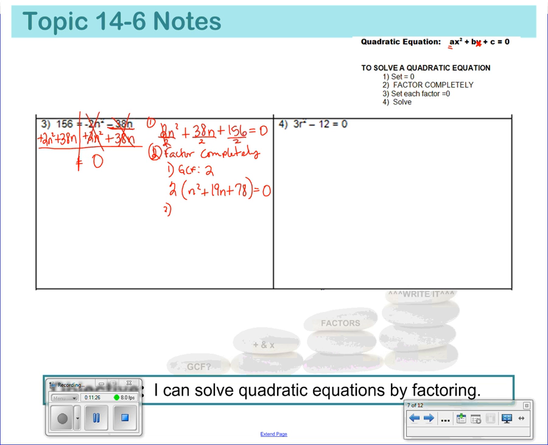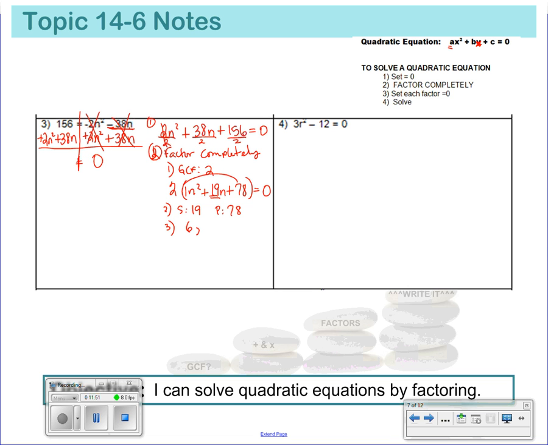The second thing we need to do is find our sum and our product. Our sum is what's in front of the n, the 19, the middle number. The product is the 1 in front of the n squared times our last number, 78, and we get 78. Our third thing is we need our factors. I need two numbers that multiply to give you 78 but add to give you 19.